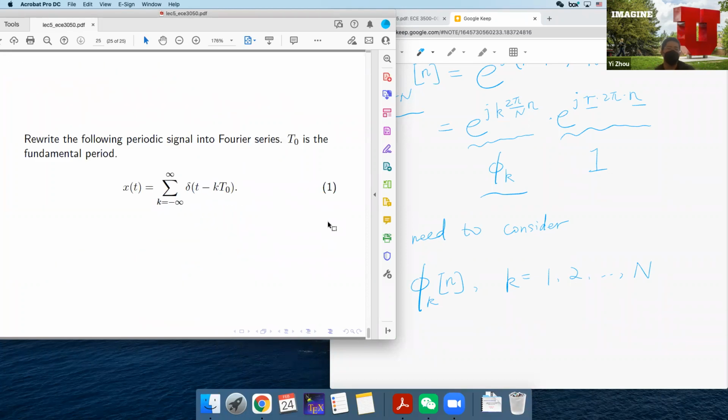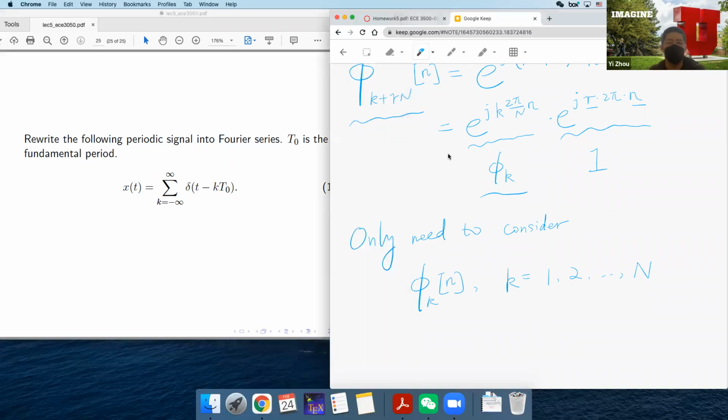Okay, so now we have one exercise, which is actually very related to the sampling lecture that we will learn in the following lectures. Given the following periodic signal, rewrite it into Fourier series, where T0 is the fundamental period.